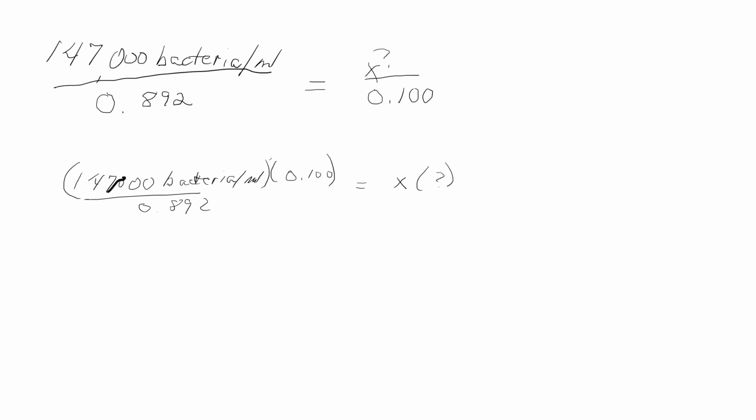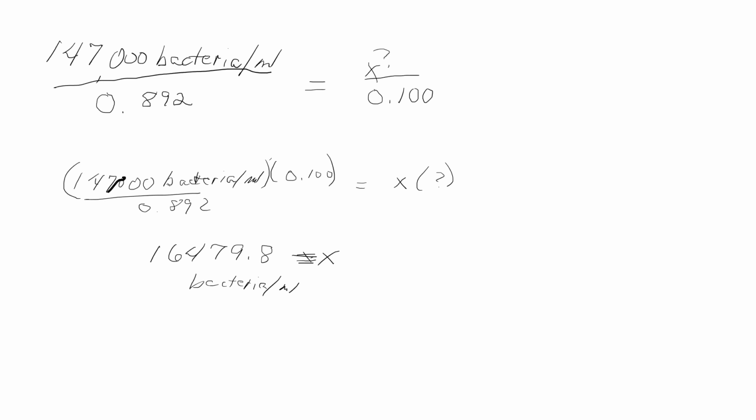That is going to give me a number of 16,479, depending on how far out you want to go, say 0.8. That is what x is equal to. Okay, that's all it is. So this would be bacteria per mil.